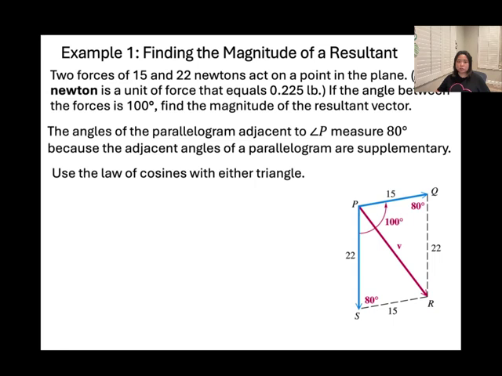Now we're going to use the law of cosines. We know these two lengths, we know the angle in between, and now we want to find the magnitude of V here.